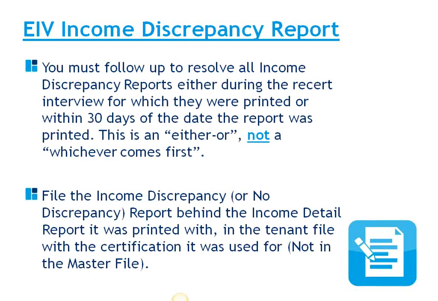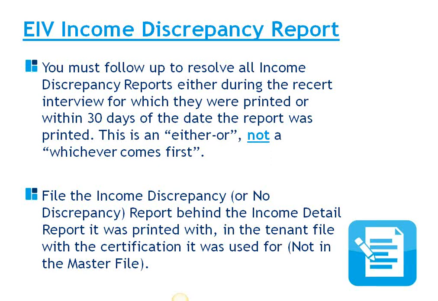If you get a discrepancy, as soon as you've printed that report, your clock to fix it has started. And the rule is, by the time you create the cert that you were working on when you had to print this, you need to have the discrepancy figured out.